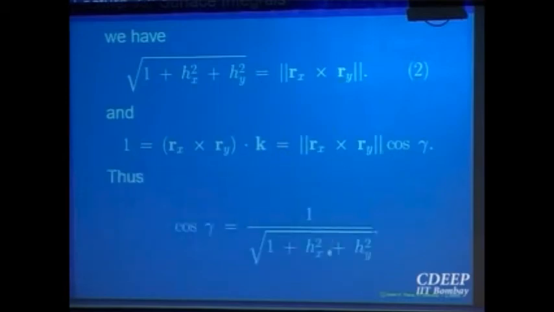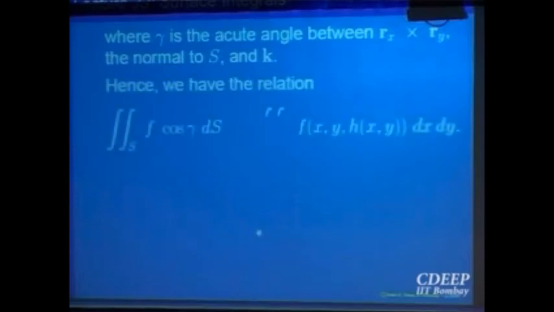Okay, let me see what is happening. What I am saying is f cos gamma, now that expression, 1 over that thing, is cos gamma, the other thing was secant gamma, so be careful what you are writing.